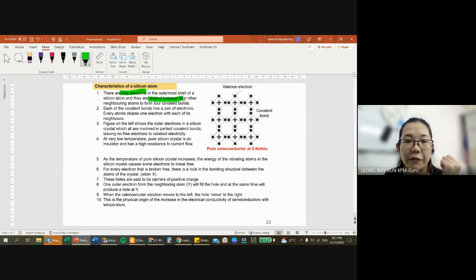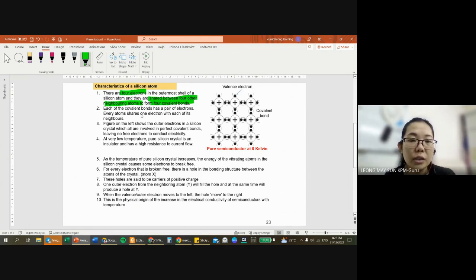They will share the 4 electrons with 4 neighboring silicon atoms to form 4 covalent bonds. Please do take note that what I'm explaining right now has been taken out from the current syllabus, but I think it's important for you to understand this before you go to the actual subtopic, which is semiconductor diode. This is how a diode is produced.